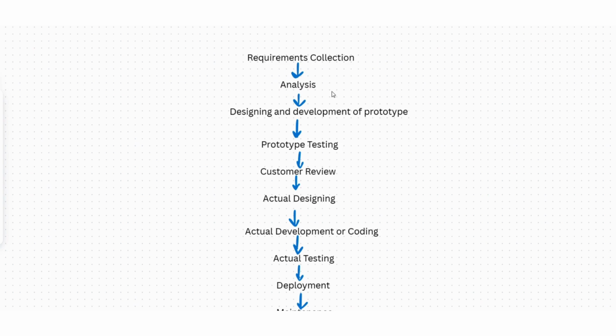After accepting the project, the next stage in the prototype model is designing and development of the prototype. Here, the designer refers to the SRS document and designs how the pages will look. Example, in the requirement it is shown that when any user opens the software, a welcome page should display.